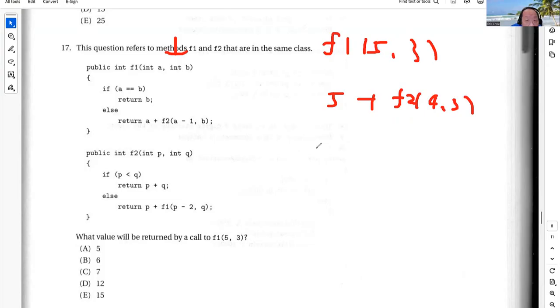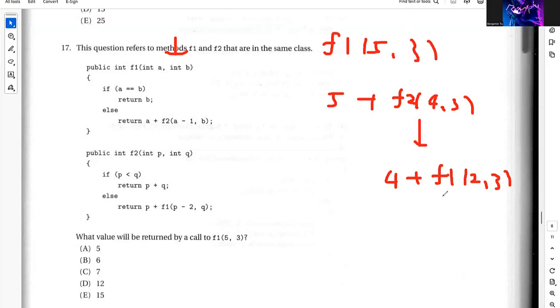So F243 will happen. That will become 4 plus F123. So what happened to F123? That's 2 plus F213.